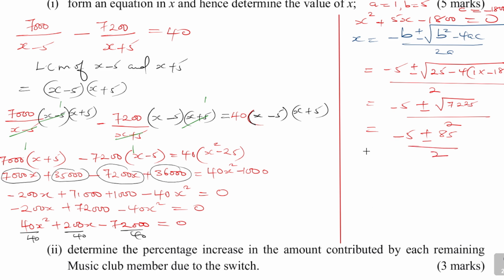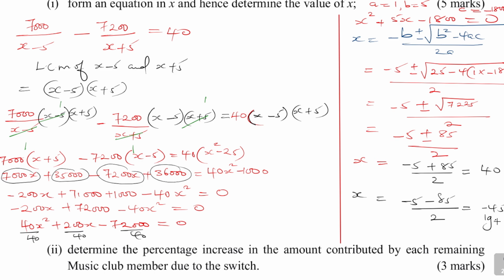So you'll have two values of x. The first value of x will be negative 5 plus 85 divided by 2, and the second value of x will be negative 5 minus 85 over 2. The first one will give us 40, and the second one will give negative 45.